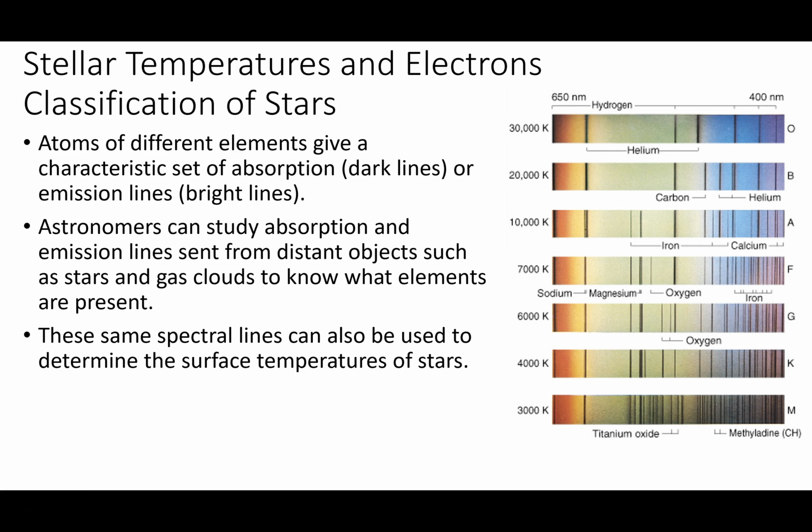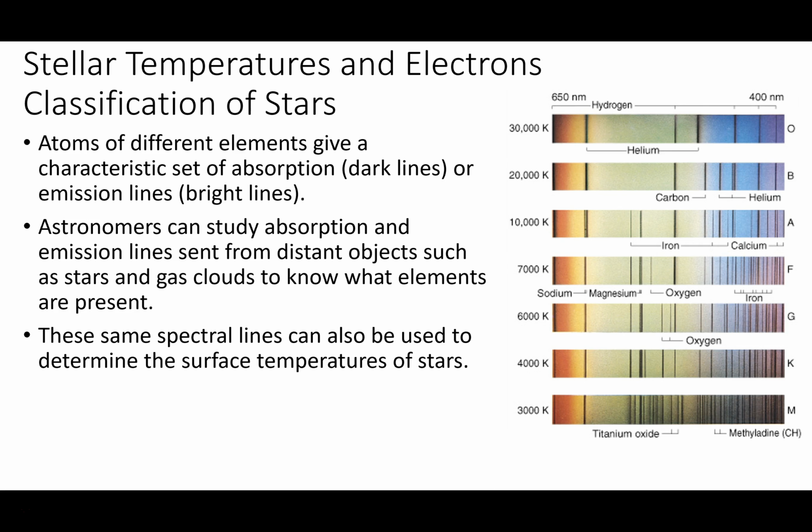The last one is temperatures. Notice with these 7 spectral types, along the left side, the K means the temperature is in Kelvin units. So we have 30,000 Kelvin, 20,000 Kelvin, 10,000 Kelvin, 7,000 Kelvin. Our sun is about 5,800 Kelvin, so our sun is actually a G-type star.